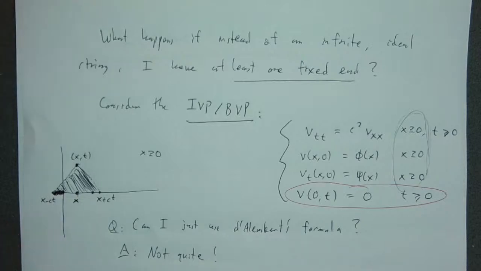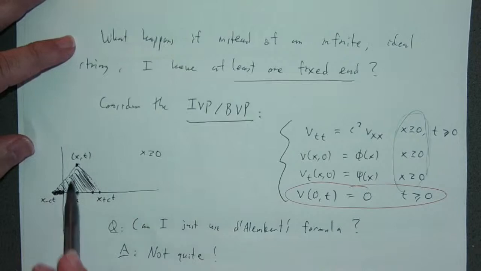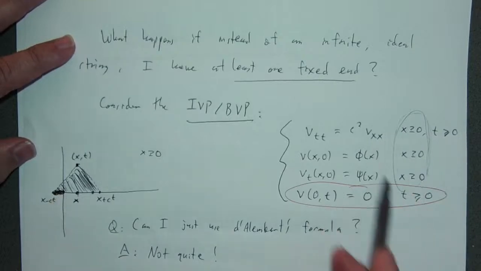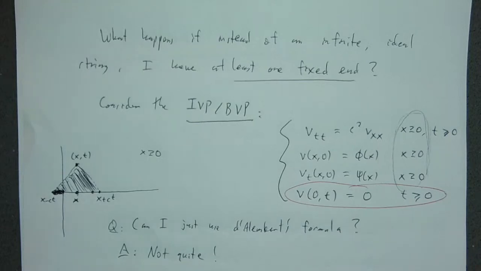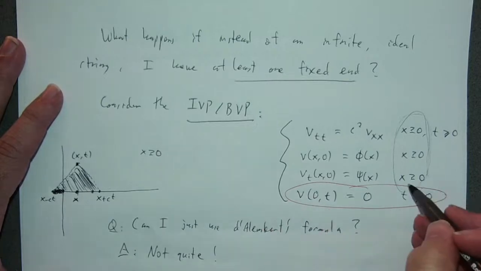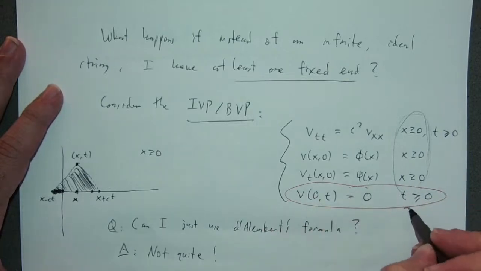So according even to the analysis from D'Alembert's formula, I would need some info from these points that are not included in this domain. That's one issue. The other issue is, how do I make sense of this? How do I impose this boundary condition using D'Alembert's formula? What do I do with this?